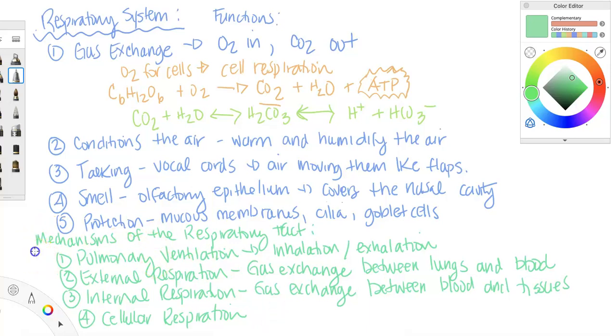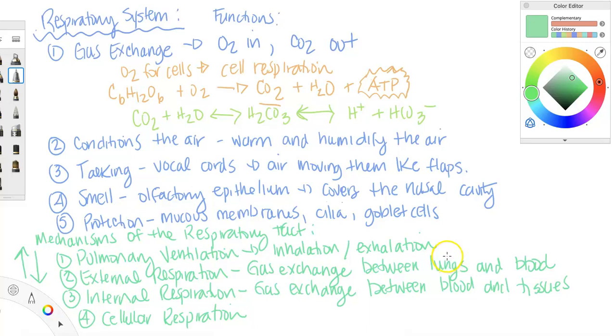So going this way, we're going to the tissues to exchange and then do cellular respiration. And then once that oxygen is used and we have carbon dioxide, then it just goes back the other direction. So blood, tissues then to blood, blood to lungs, and then exhaling out of our body.